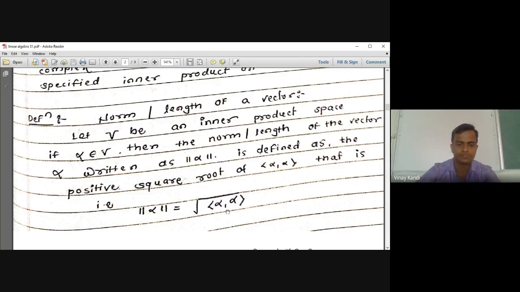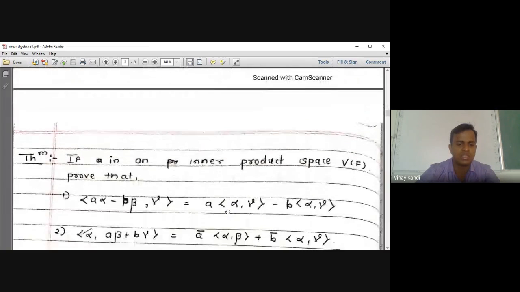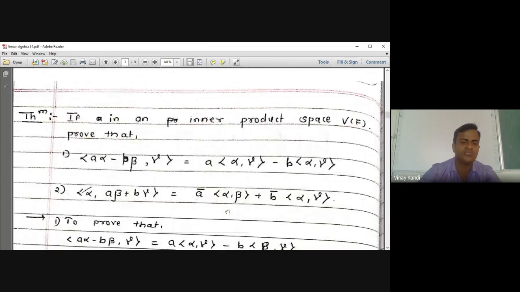Now the next part is the theorem. If in an inner product space V over F, prove that, first statement: the inner product of A alpha minus B beta and gamma is equal to A into inner product of alpha gamma minus B into inner product of beta gamma. Sorry, there is a printing mistake here: instead of alpha gamma, write beta gamma.